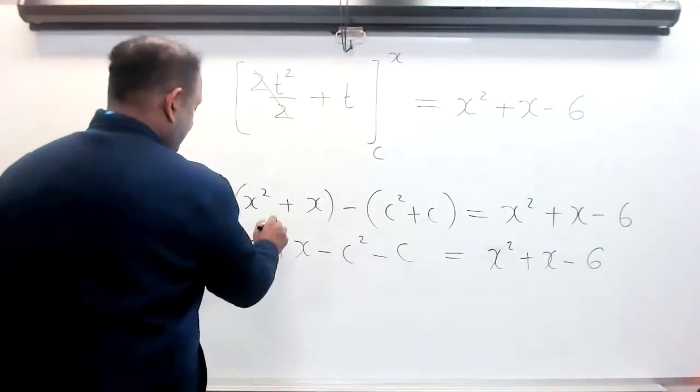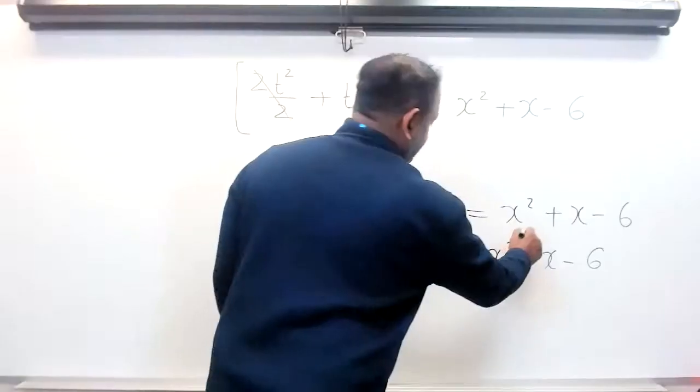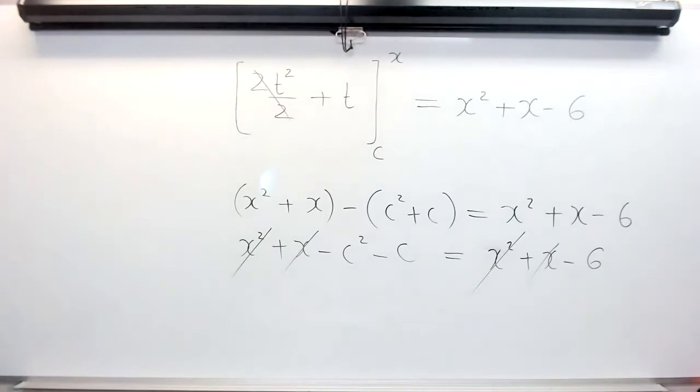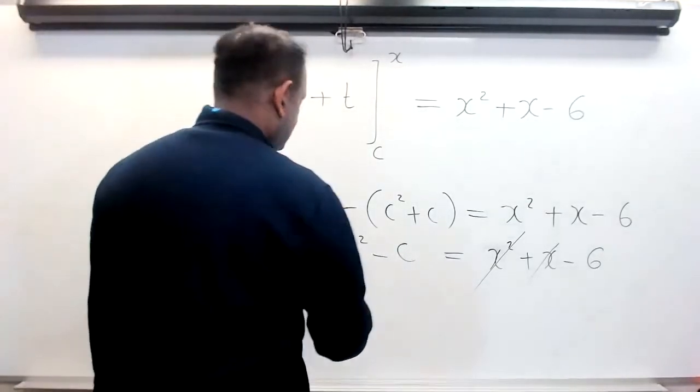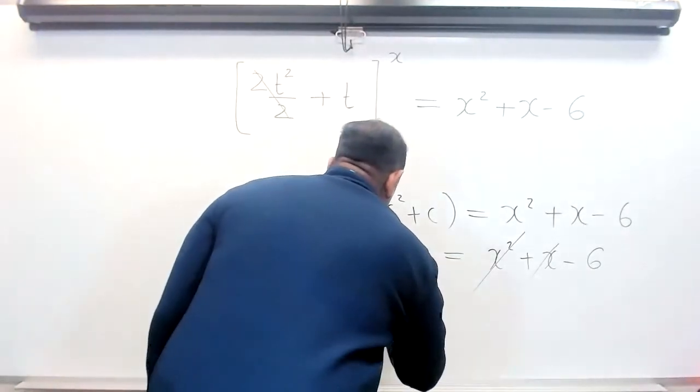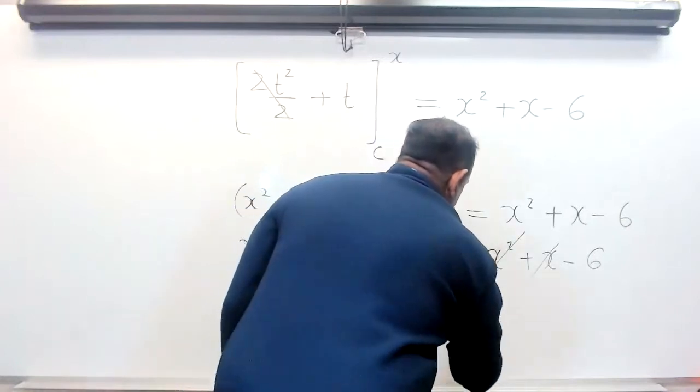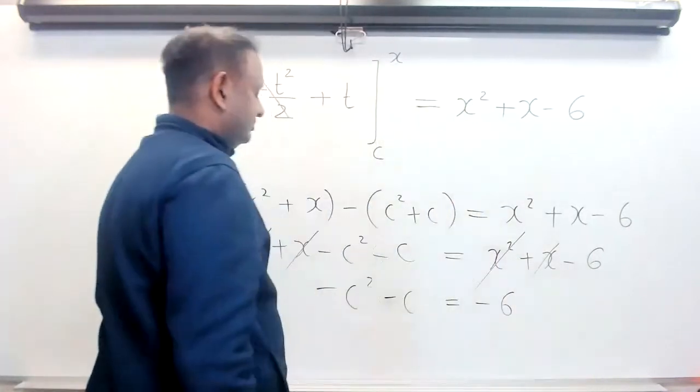Since they have the same sign, they get cancelled off. Same letter, same power, same sign. So you are left with minus c squared minus c equals negative 6.